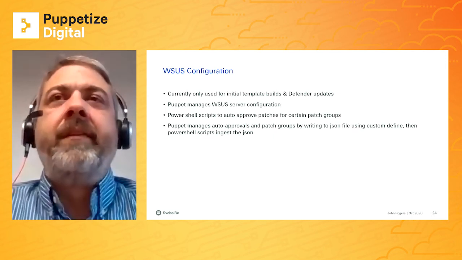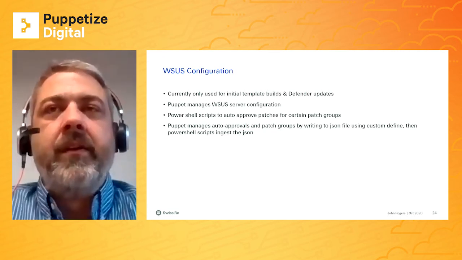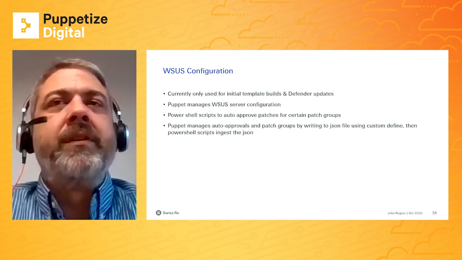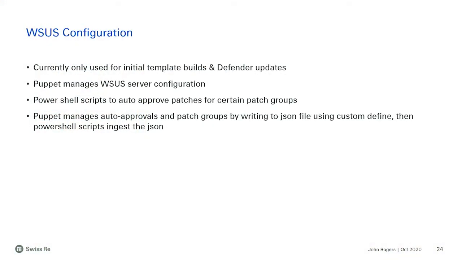So it makes it really easy to maintain, because in WSUS, there's really no way to do this via the GUI. So most people already use PowerShell scripts to do the auto-approvals of things. So currently, we just use this really to do Windows Defender updates. But it's set up now that if we wanted to switch people over and start doing patching with WSUS, we could. So the part of the Packer IO build connects here, and it does the patching through WSUS.